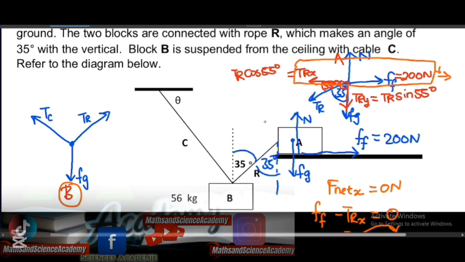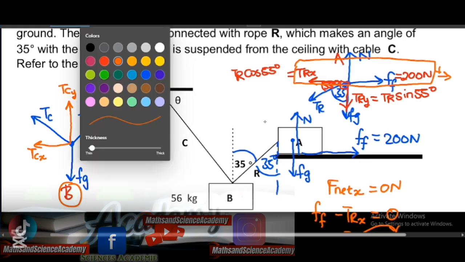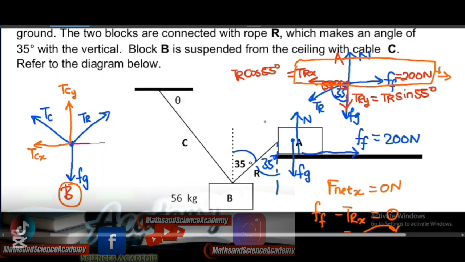I'm going to do components for cable C. We'll have tension of cable C in the x-axis, and tension of cable C in the y-axis, and then also I'm going to do components of cable R. We have TRX also, and then we have TRY.